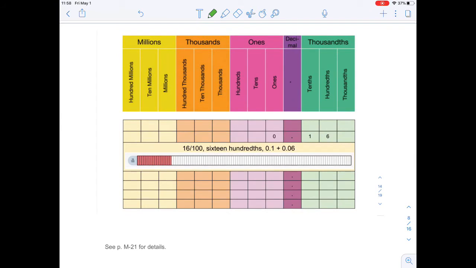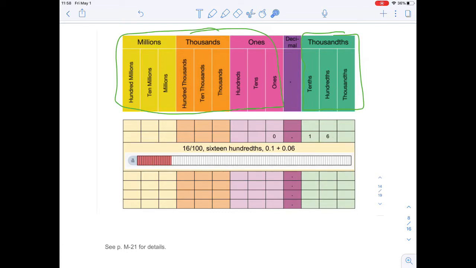So here is a place value chart that you've seen in the past. In addition to the numbers here on the left that are bigger than 1, we are now talking about decimals, and these are all the numbers that are less than 1. So the example below is 16, we would say 16 hundredths.